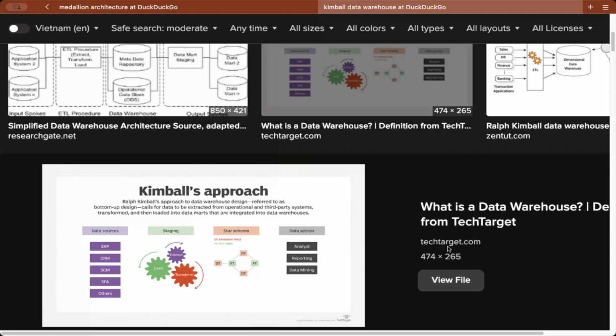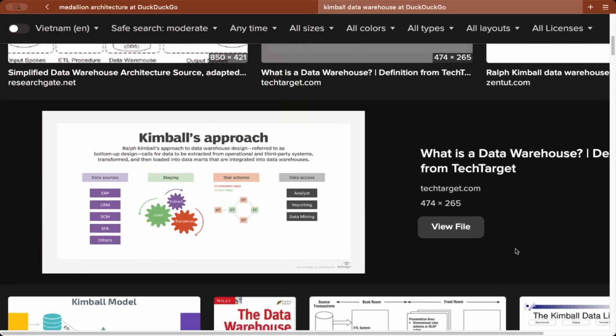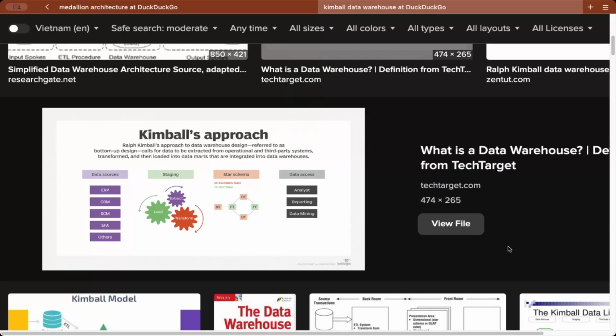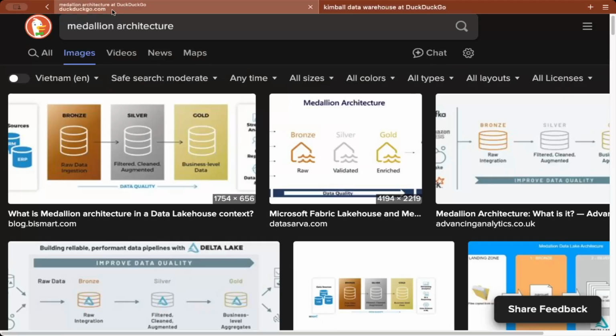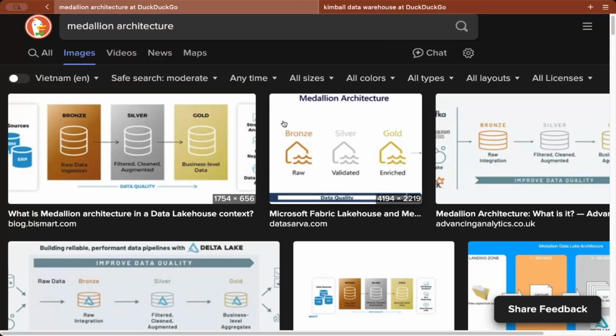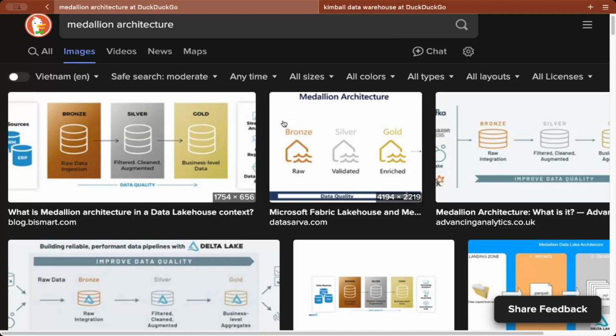So, to wrap it up, medallion architecture is a powerful way to structure your data processing and ensure data flows smoothly from raw inputs to refined outputs, ready for the business. That's the most important thing. But remember, the names bronze, silver, and gold are just conventions.